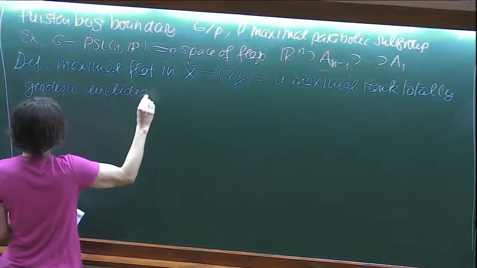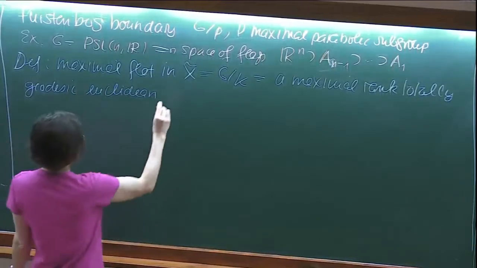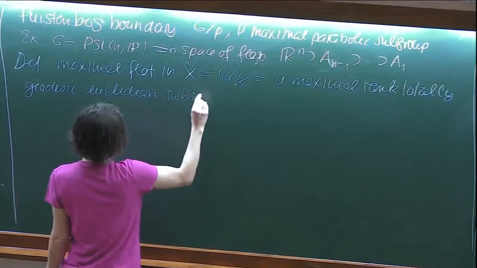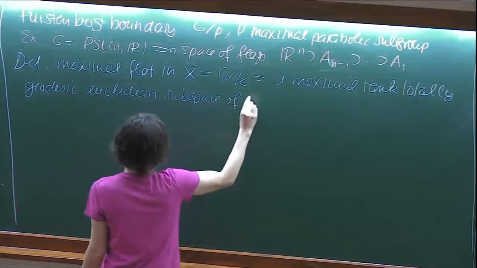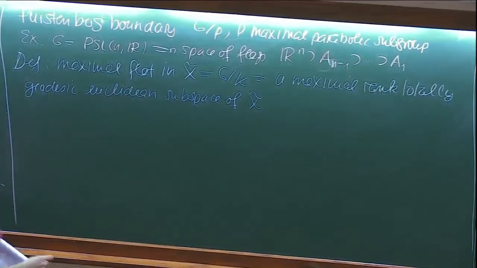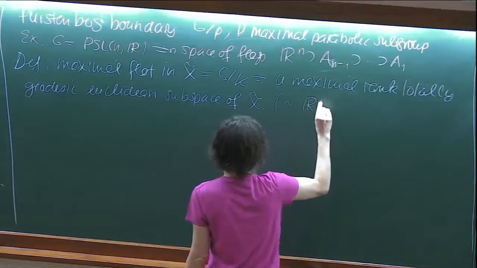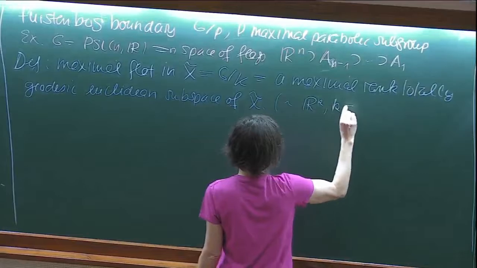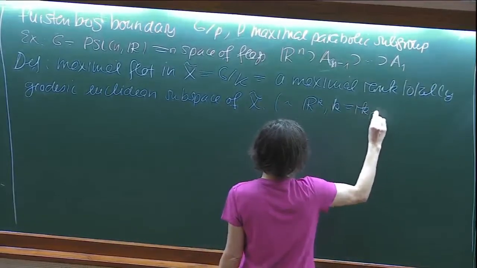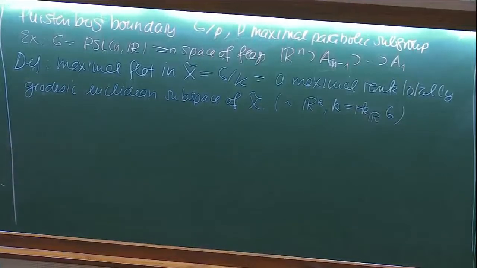Euclidean means here with a flat Euclidean metric. So it's isometric to R^k, where k is the rank of X twiddle. And the way we describe it is algebraically.